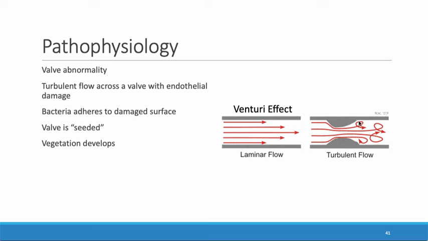And eventually that bacteria sticks to that and causes an infection. And that's the pathophysiology behind vegetations on valves. There's some abnormality of the valve to begin with. Now, that method of thinking works best for non-IV drug users, for people who have left-sided valvular abnormalities. That's a nice model to think about.